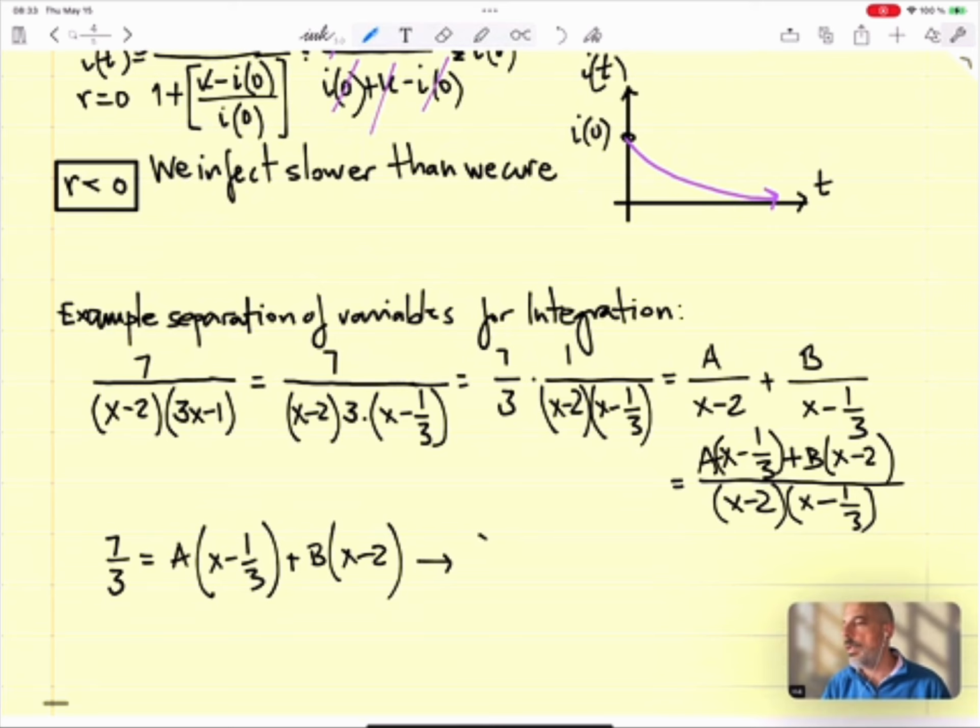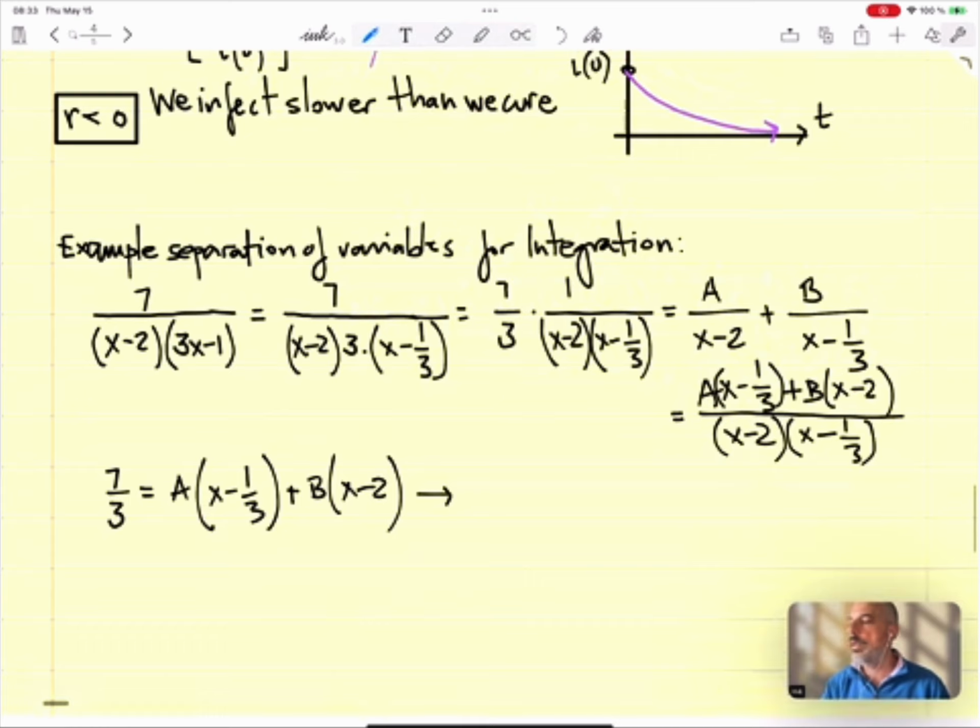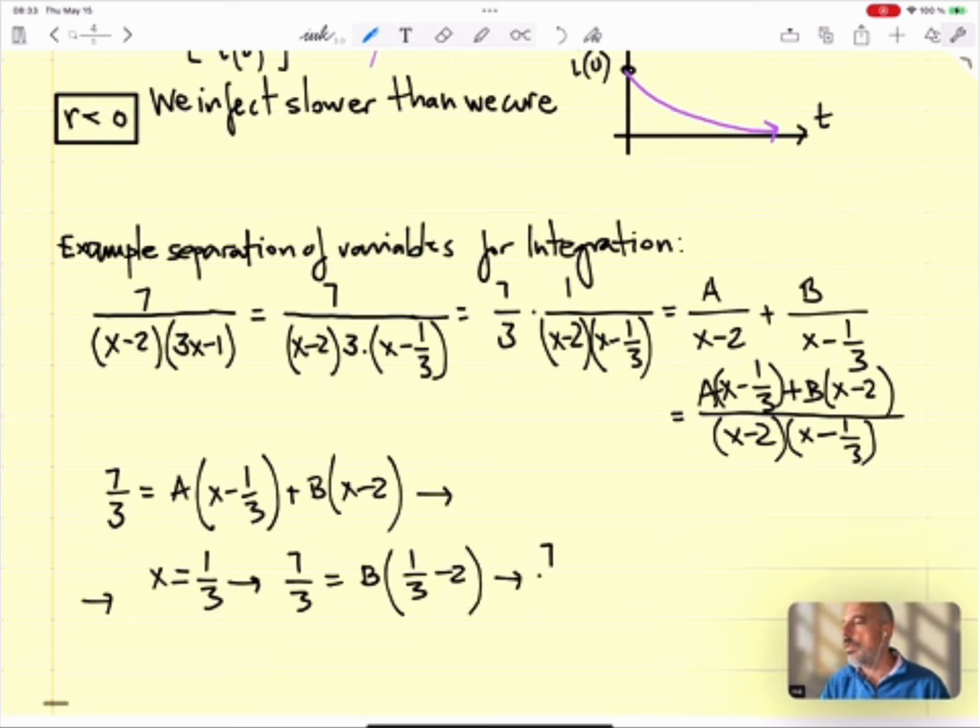So if x equals 1/3, 7/3 equals b times (1/3 minus 2). So 7/3 equals b times minus 5 divided by 3. So b is minus 7 divided by 5.